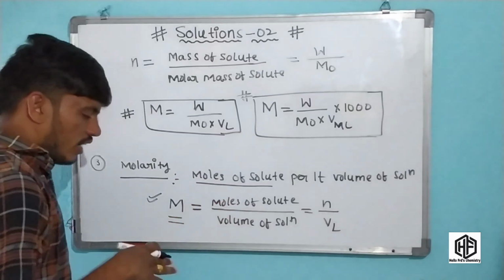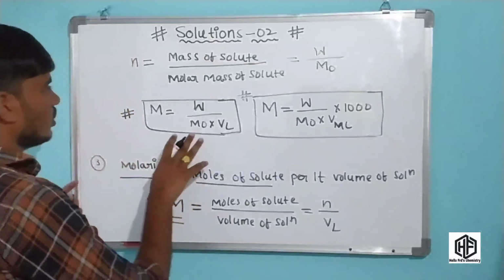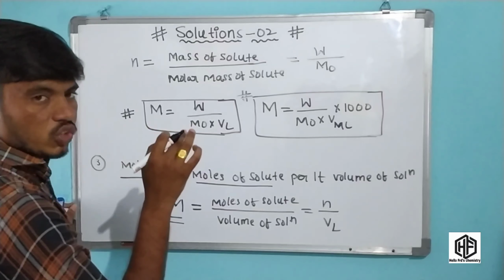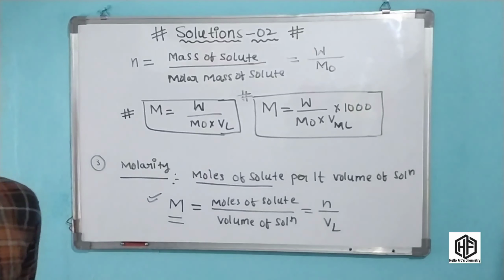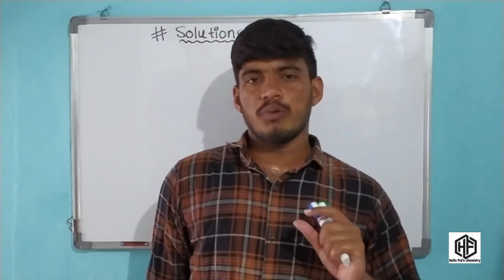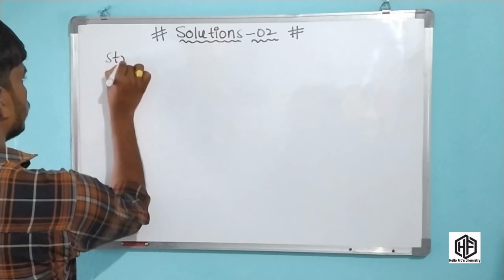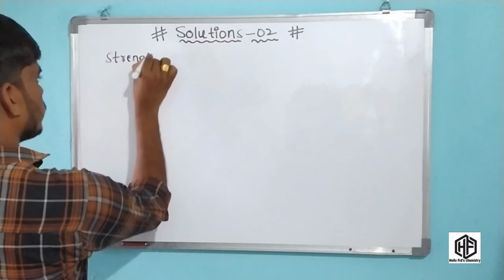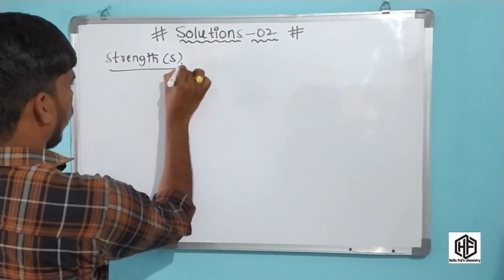Next, one more important term related to molarity is called strength. Strength is represented by S. What is strength?